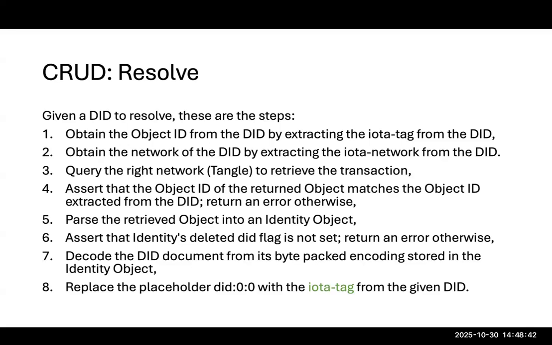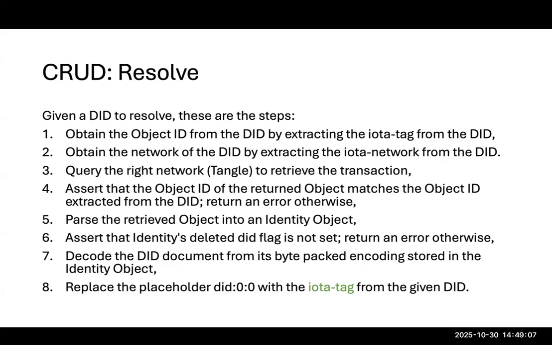You must also obtain the network of the DID by extracting the IOTA network from the DID. So you now know exactly which network you have to use and which network you have to contact to make the resolution of the DID.